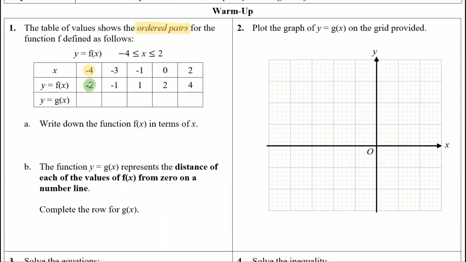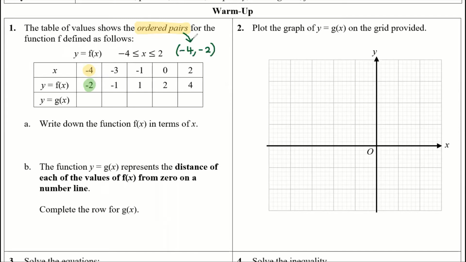So as an ordered pair, you would simply write that as -4 and -2, like that. It's just a pair of coordinates. You might have known that already, I just wanted to clarify based on the fact that this may be a term you're not familiar with. So that's all that ordered pairs are.